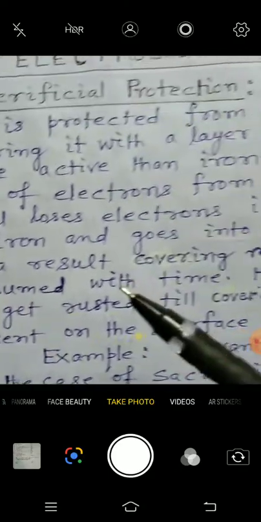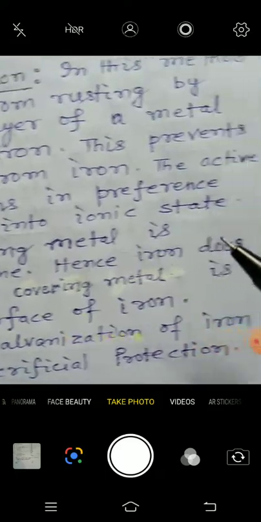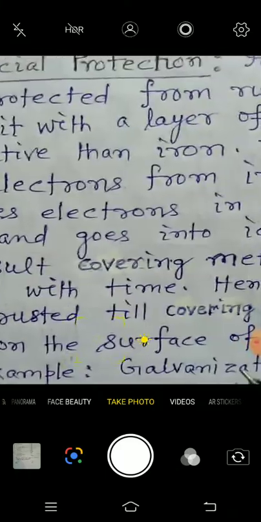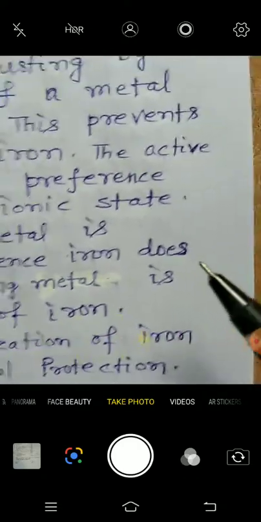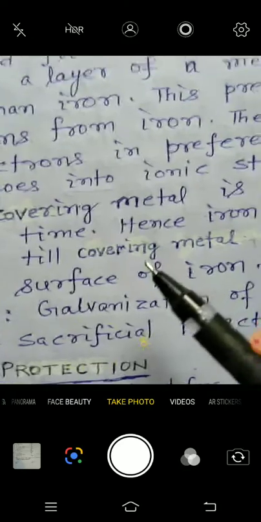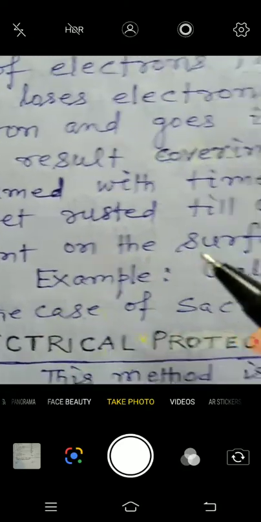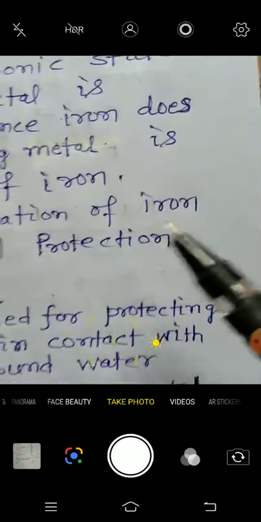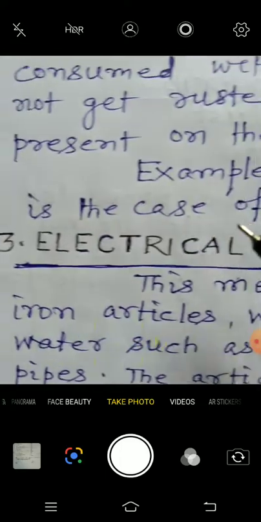As a result, the covering metal is consumed with time. Hence, iron does not get rusted till the covering metal is present on the surface of iron. Example: galvanization of iron is a case of sacrificial protection.